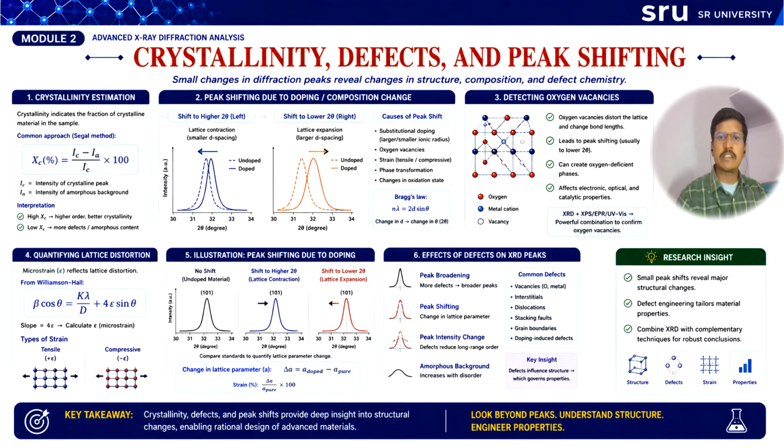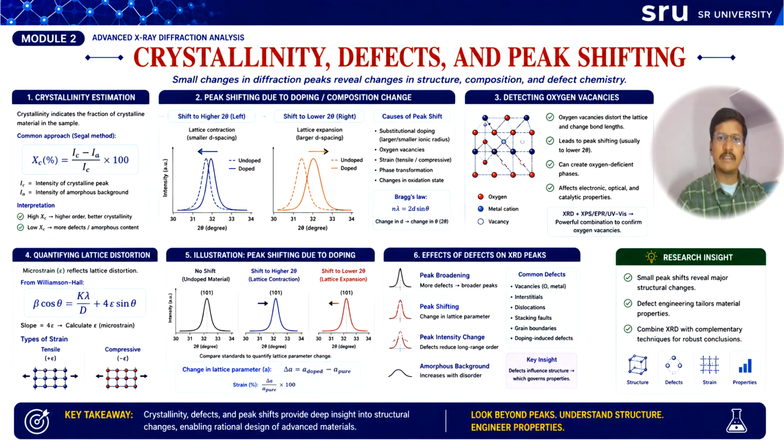Let us first discuss the crystallinity estimation. Crystallinity represents the degree of structural order present in the material. Highly crystalline materials produce sharp and intense diffraction peaks because atoms are arranged periodically over a long distance.